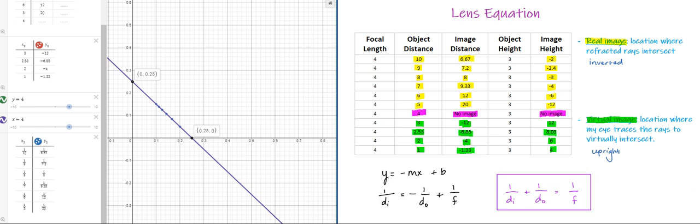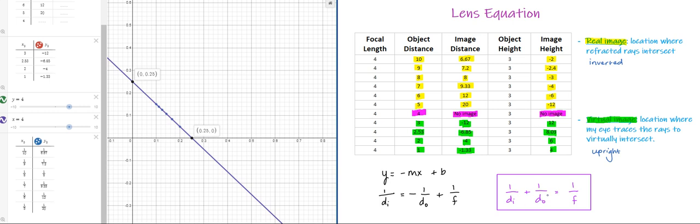Now it can also be used for mirrors, and if you know the focal length of the lens and you know the object distance, you can calculate the image distance based on the other values, and you could calculate all these values. Whether you got a negative or a positive value would determine whether that was a virtual or real image, and you can always compare these two values knowing if your object distance was within the focal length or not. So this is a very useful equation that can let us make those sorts of calculations.